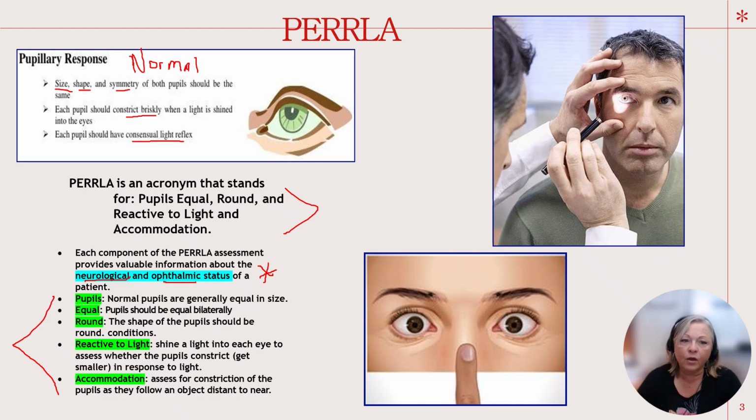The other thing with reactive to light, you want to make sure not only are your pupils constricting when you are initiating a light onto them. The other piece of the brain, because constriction is a protection of the eye from bright light, right? They constrict in daylight and they open up wide at night.